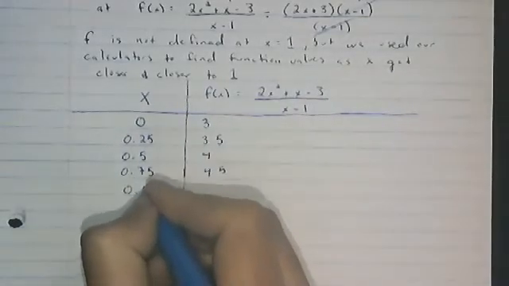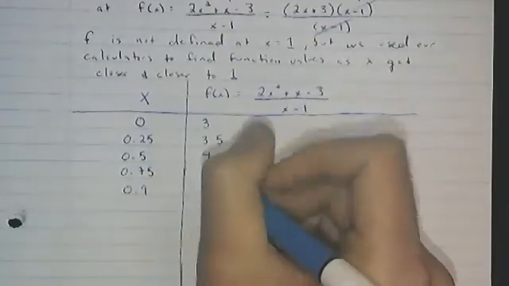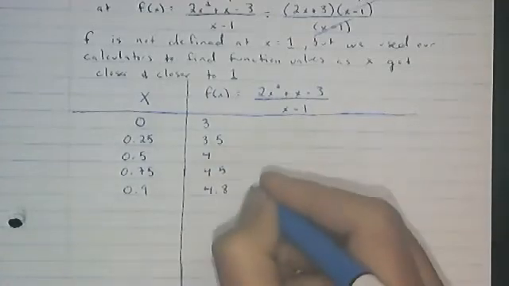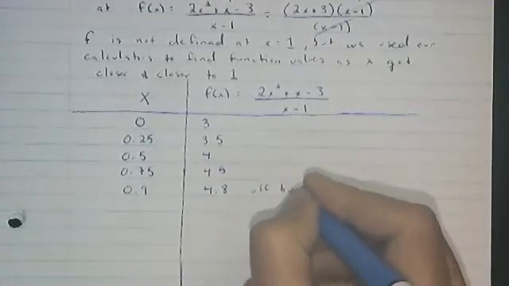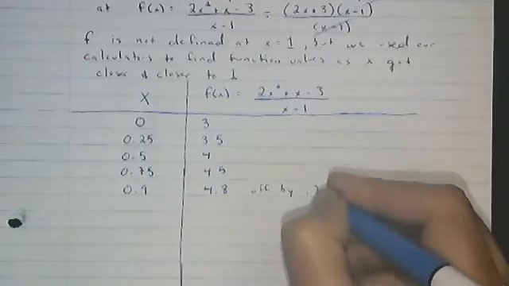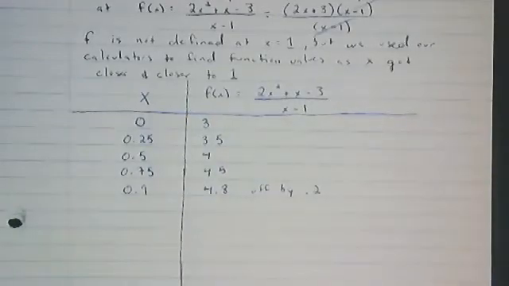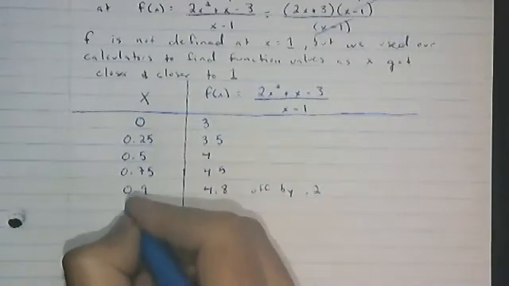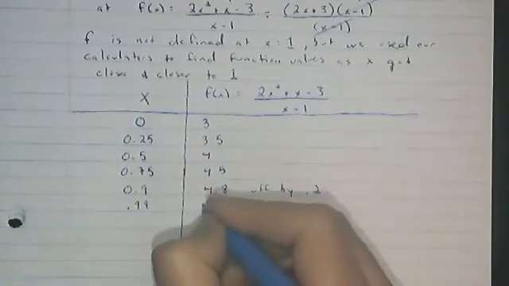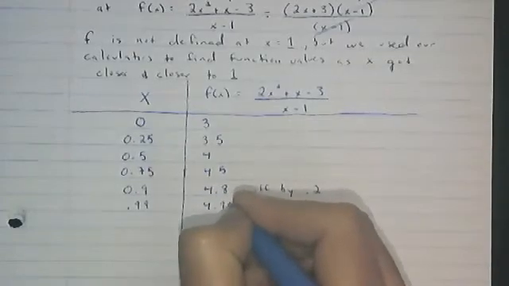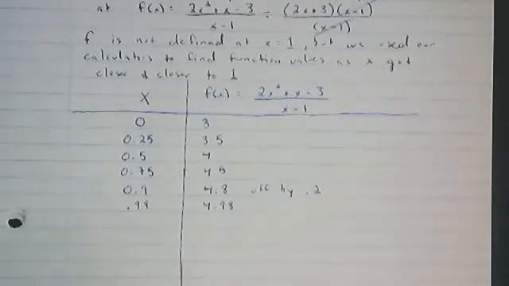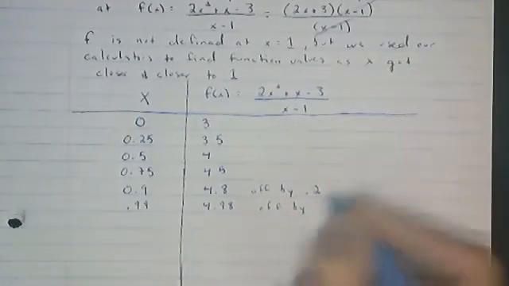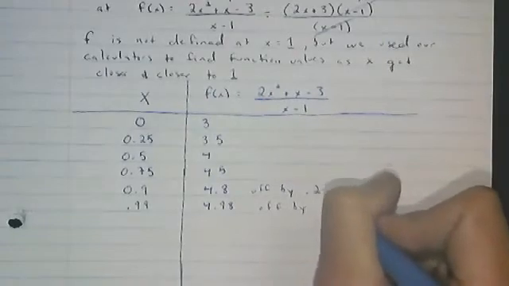And then at 9/10, we hit 4.8, and we were off by 2/10 from 5, basically. At 0.99, we hit 4.98, which we didn't really point out at the time, but we can point out now that it was off by 2/100.